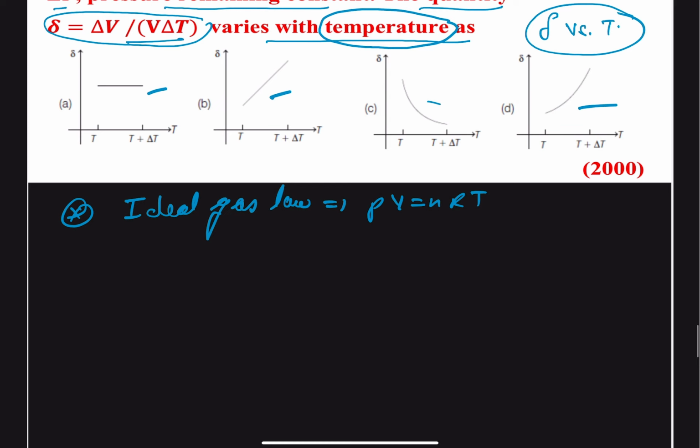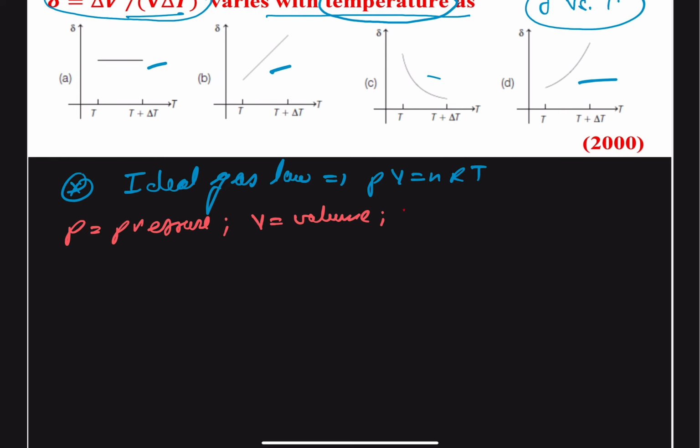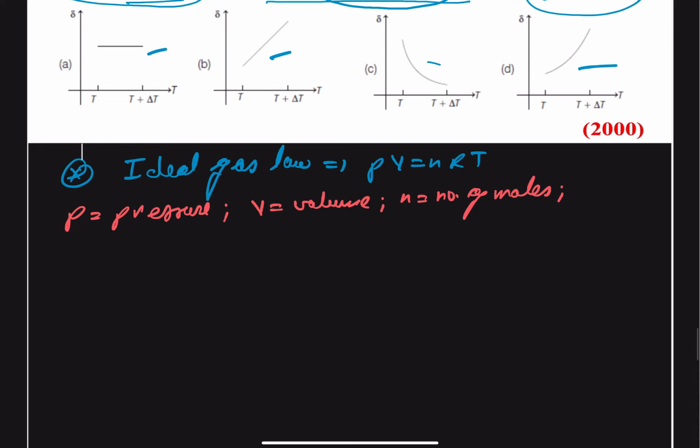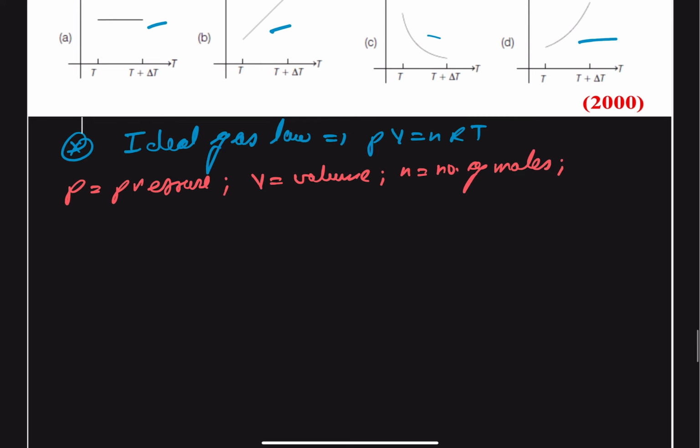Here P is the pressure, V is the volume, n is the number of moles, and R is our universal gas constant. And T is the temperature.